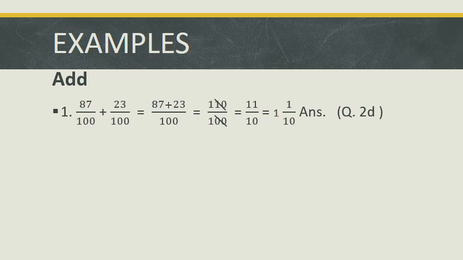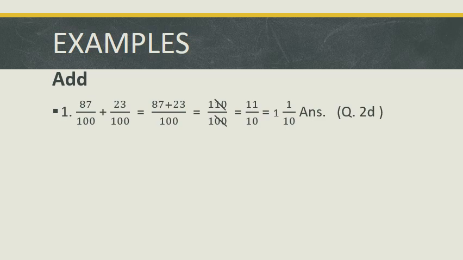The first question is 87 upon 100 plus 23 upon 100. Here we have two like fractions. One is 87 upon 100 and the other is 23 upon 100. Now how are we going to add these two like fractions? Well, the sum of these two like fractions is equal to the sum of the numerators.